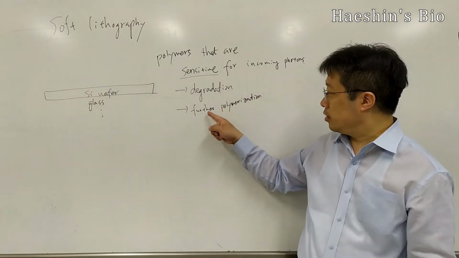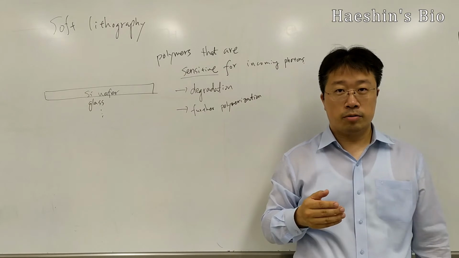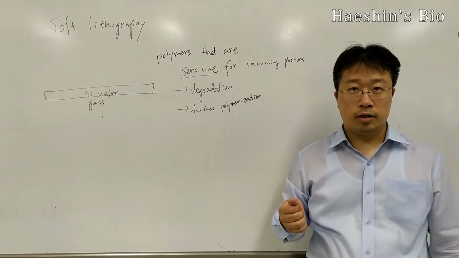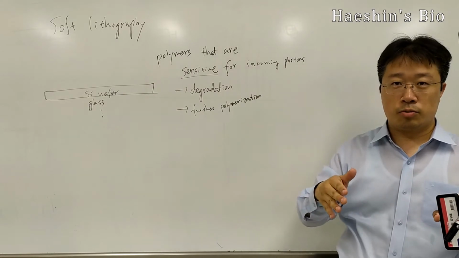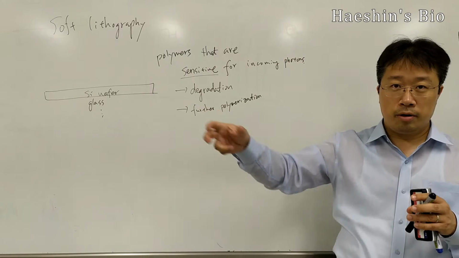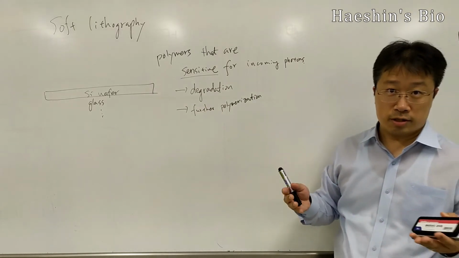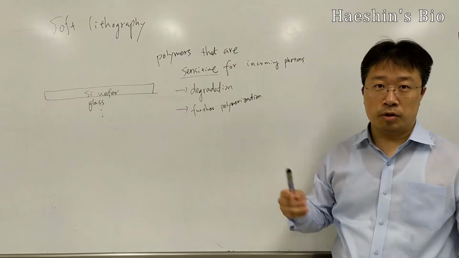This is further polymerization, as I mentioned. That can also be sensitive to the photon. So one is a degradation pathway, and the other is relatively short polymers that make bigger and bigger upon illumination of the light. Those situations are sensitive to incoming photons.